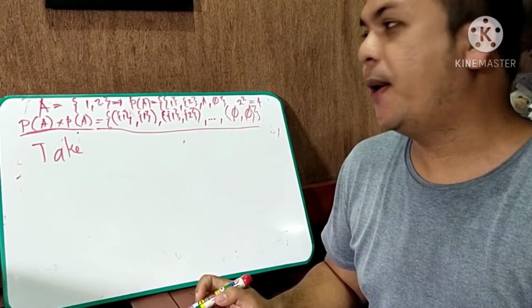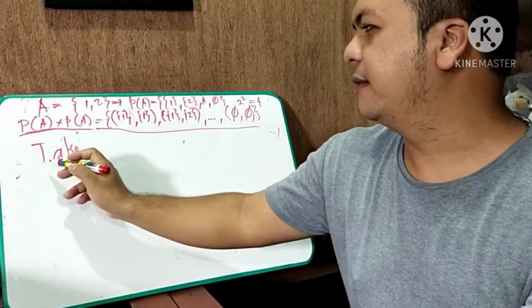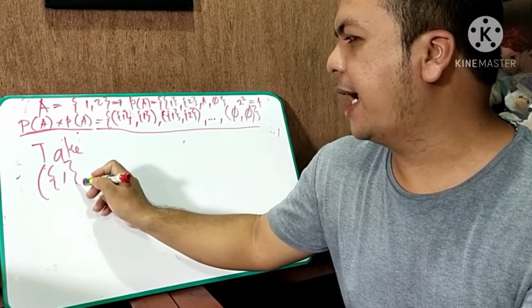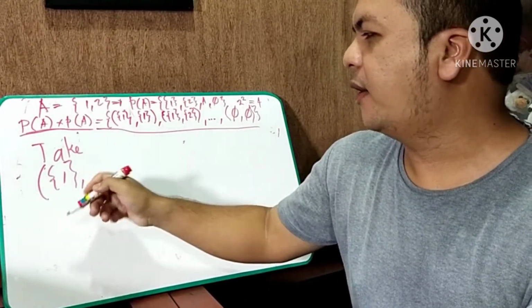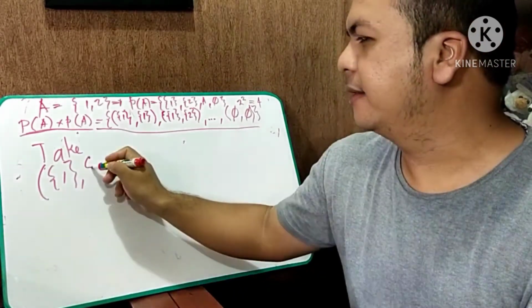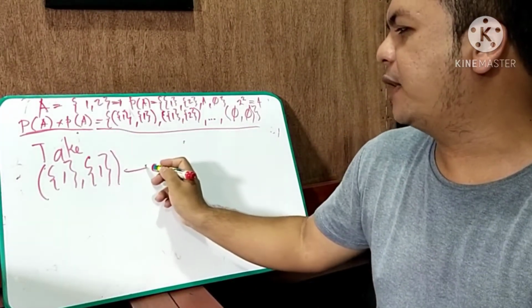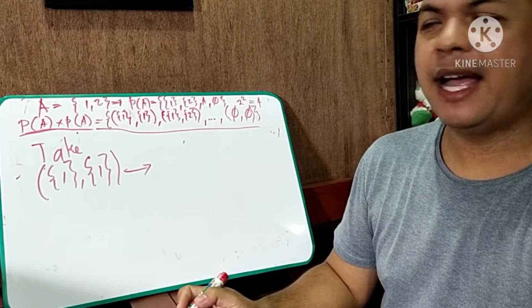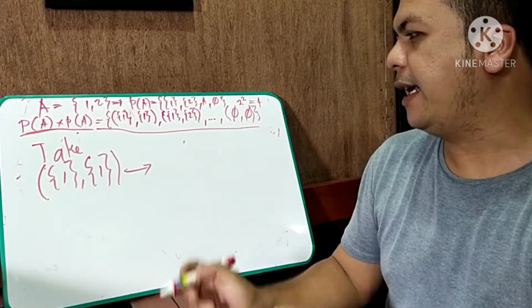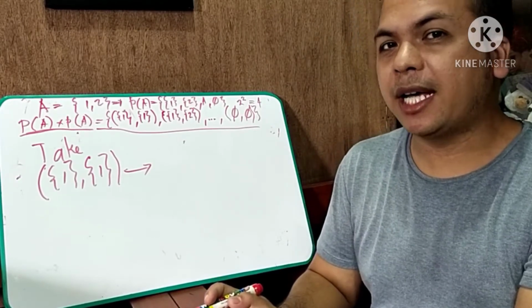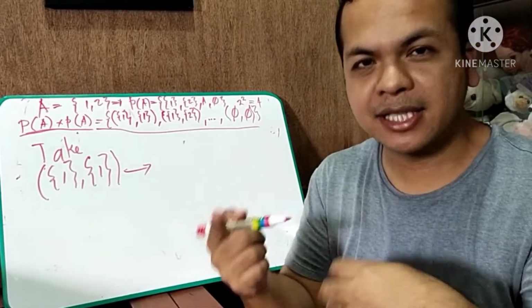Okay? So, we have the ordered pair containing the set 1 and the set 1. Okay? So, ano ang kamap nito? Ang kamap nito ay makukuha natin by getting their star.